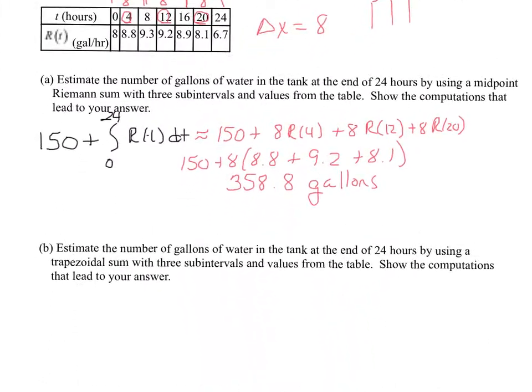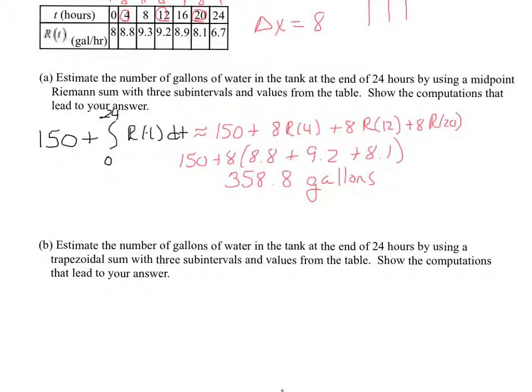How much is the width of each subinterval still? 8. It's still 8, but we're going to have our 150, again, plus from 0 to 24. So this is approximately 150 plus 8 times 1/2, half the base times the sum of the heights, right?